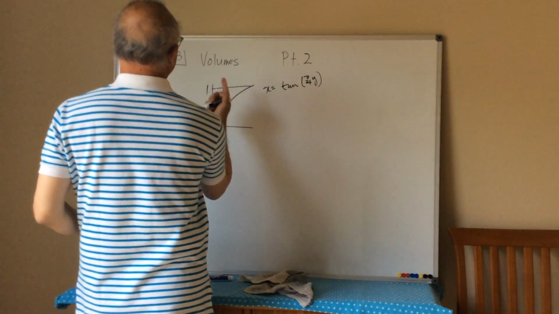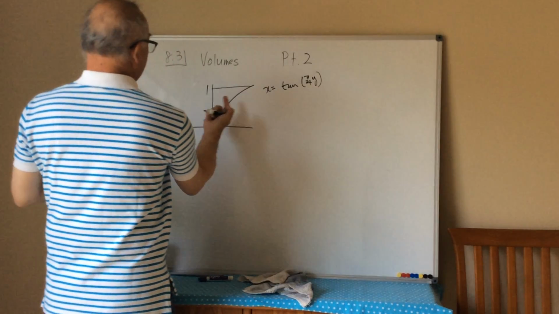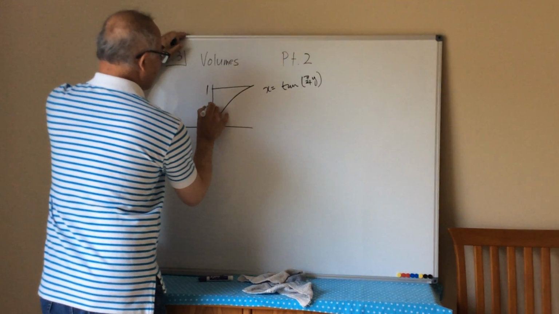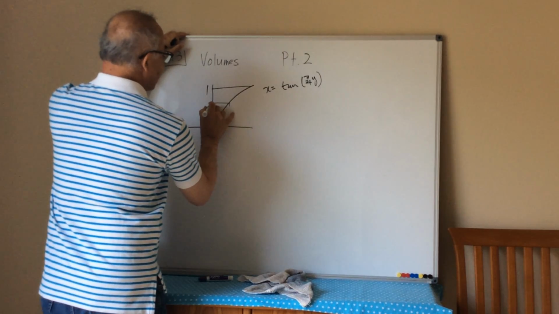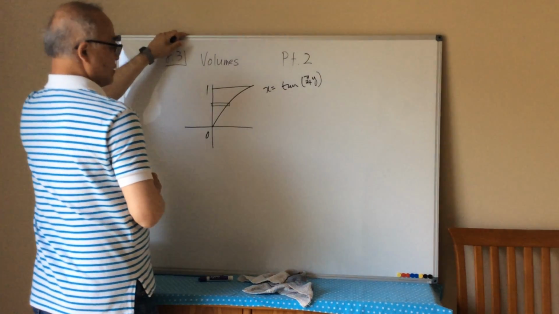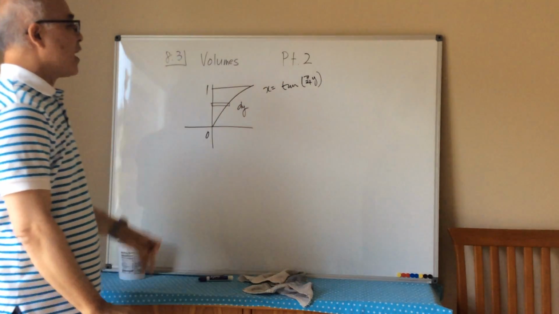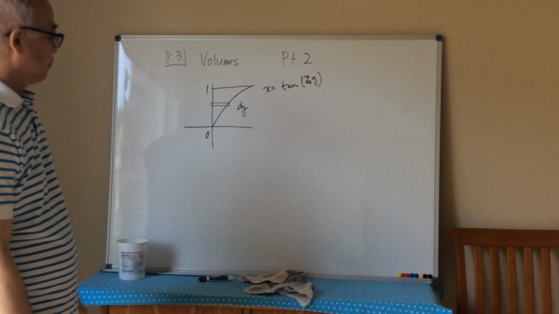So I'm rotating about the y-axis, which means that I'm going to have slices that look like this. So obviously we're dealing with a dy situation here, right?